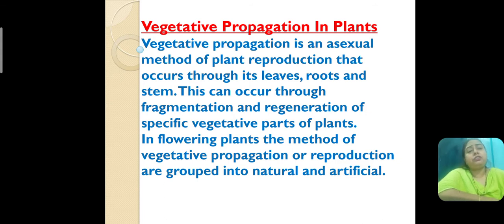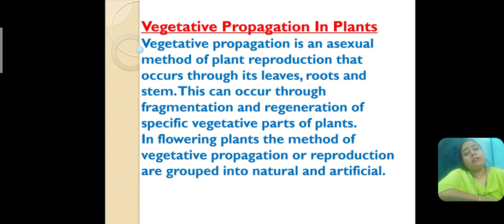This can occur through fragmentation and regeneration of specific vegetative parts of the plant. And this is because they possess a special characteristic called totipotency, that is, the ability to generate the entire organism from few cells.